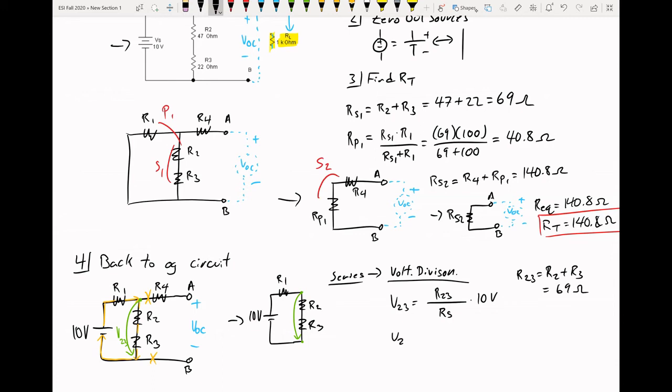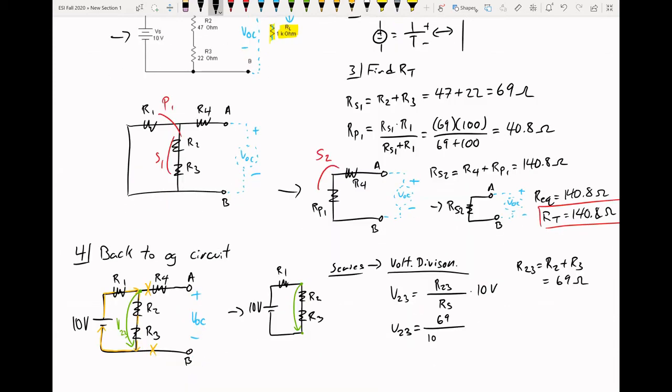So V23 is going to be equal to 69 over R1, which is 100, plus 47 plus 22, times 10 volts.